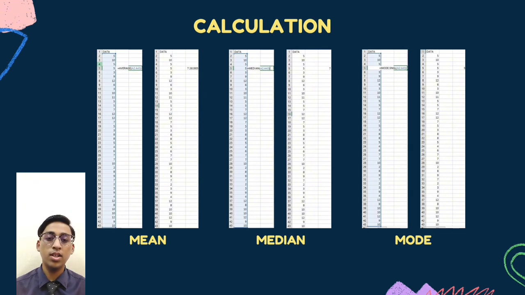First, enter all the data from the survey into column A, starting from cell A2 to cell A43. Then I click on an empty cell to calculate the mean.